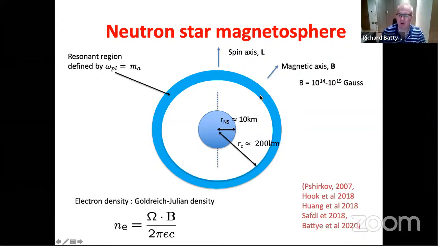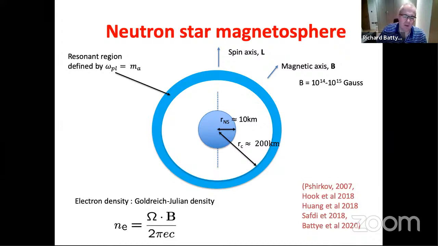It's relatively narrow, but not zero width, and about 200 kilometers out for typical masses. You can get a resonant enhancement in that region, which is sufficiently large for us to detect, remarkably.